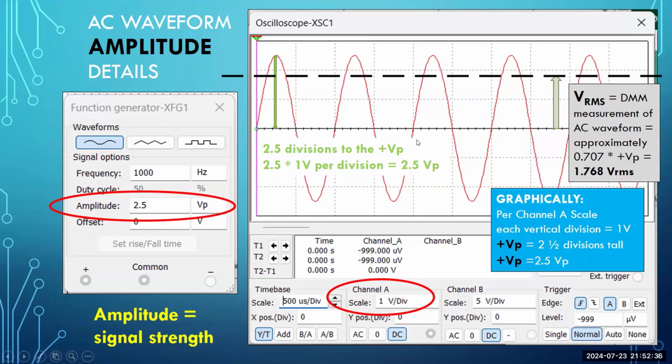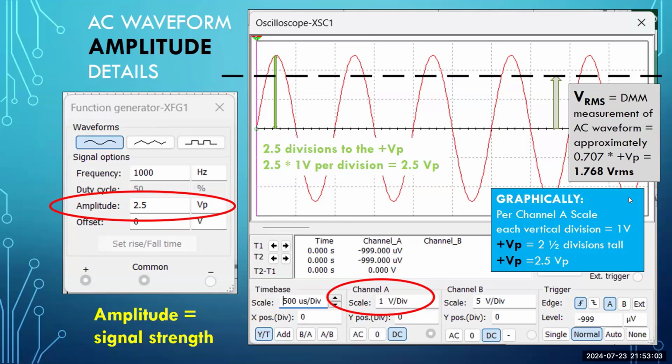And if the scale is at 1 volt for each division, then doesn't it seem reasonable that our volts peak can calculate to be 2.5 times 1 volt for each division, 2.5 volt peak in green. Look at the blue box. The blue box says the channel A scale for the vertical division is 1 volt.